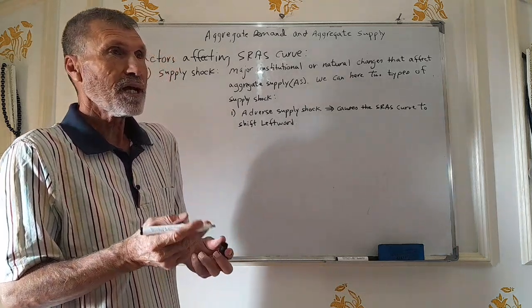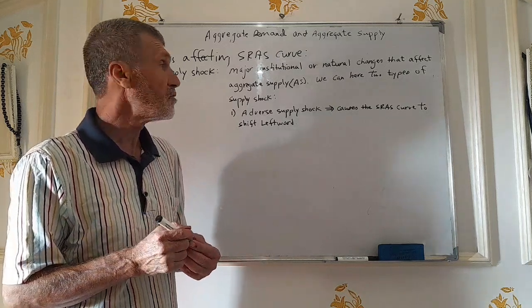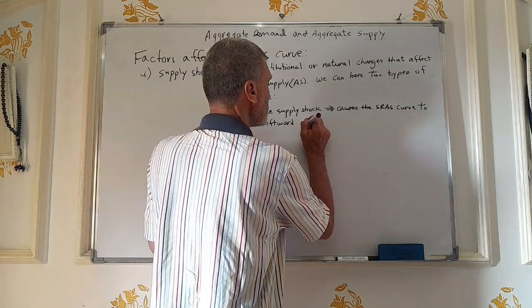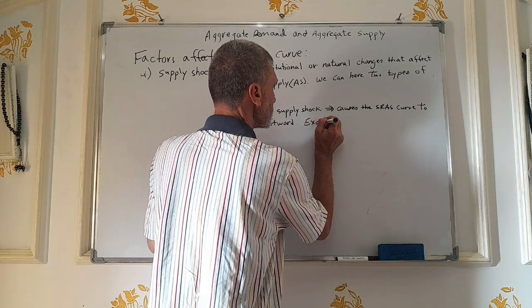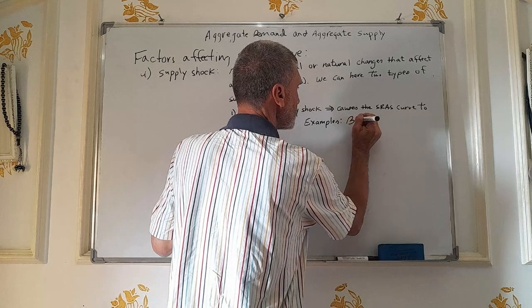So, what can cause an adverse supply shock? Examples, of course: bad weather.